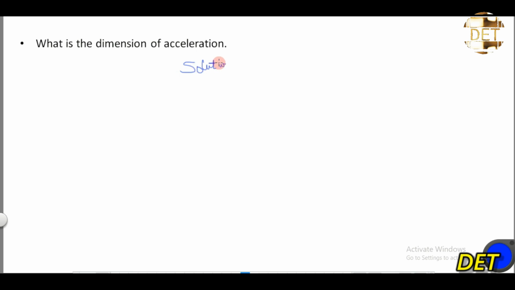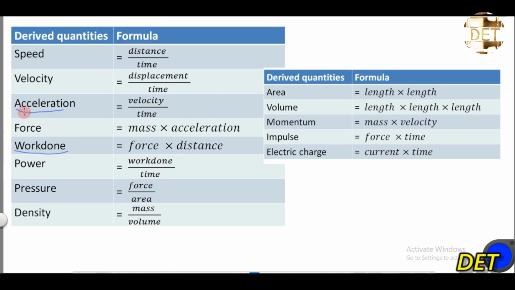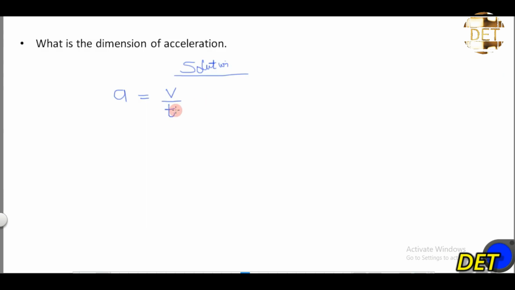So the first thing that you want to do is to put down the formula for acceleration, right? Acceleration is a derived quantity. So the formula is acceleration is equal to velocity over time, right? Time is a fundamental quantity and the dimension is capital T, but velocity is a derived quantity.